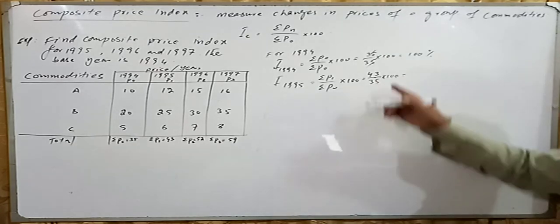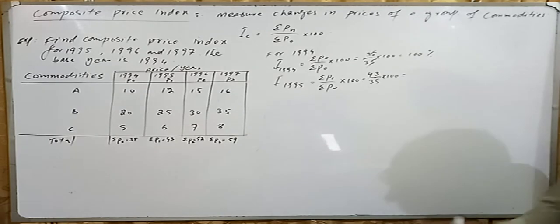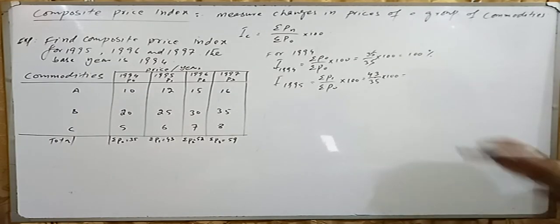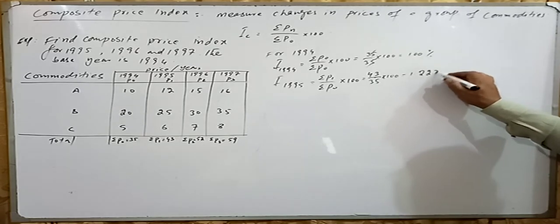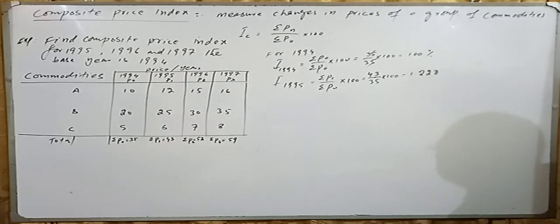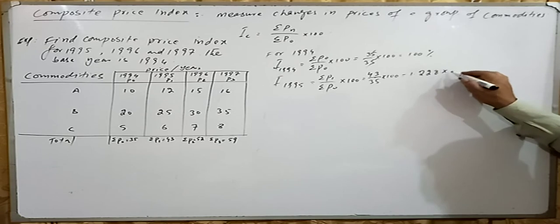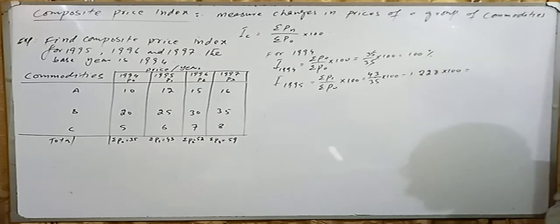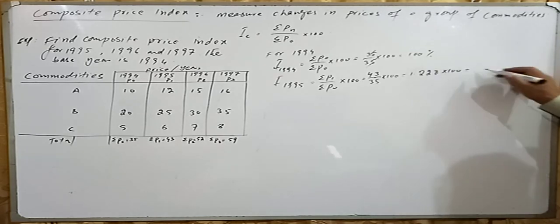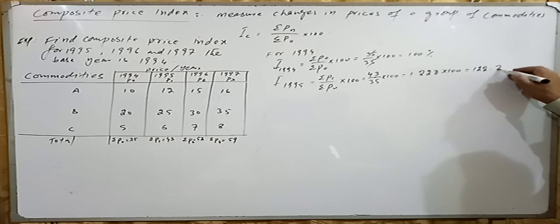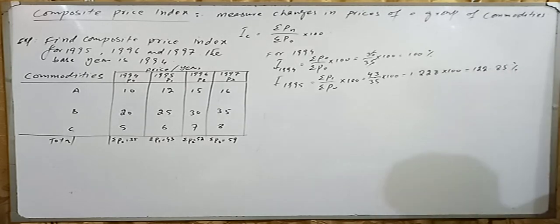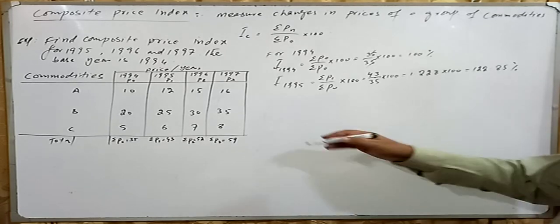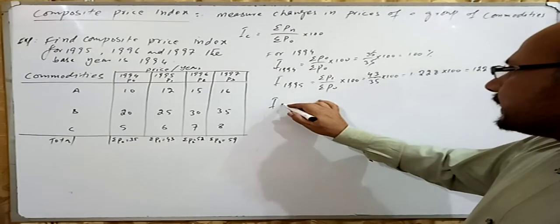First you divide 43 by 35, so it becomes 1.228, taking up to 3 decimal places. Then multiply with 100, so it becomes 122.85%.